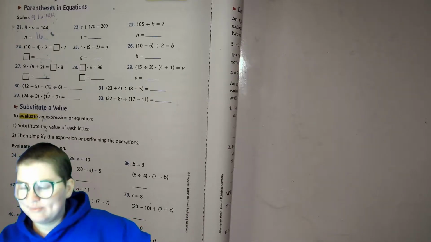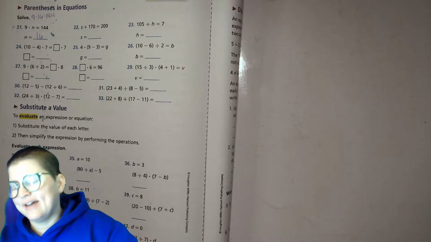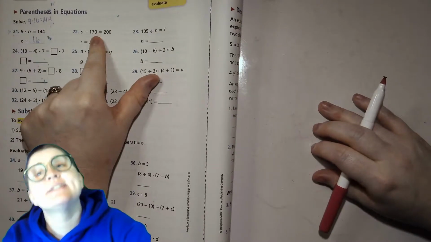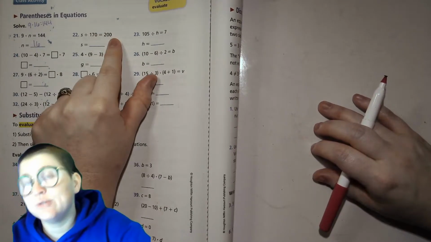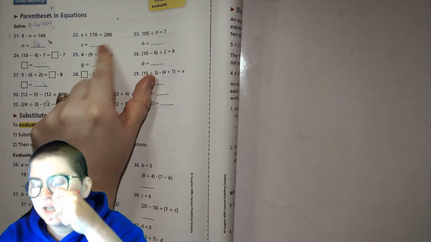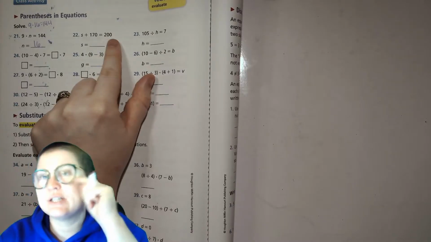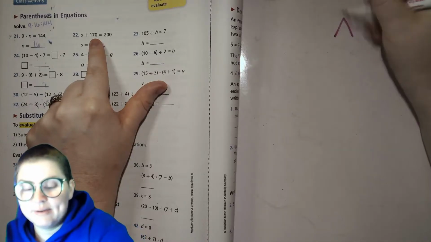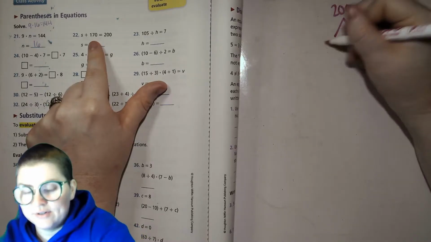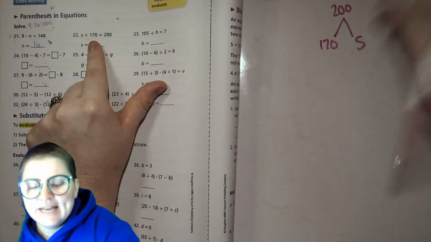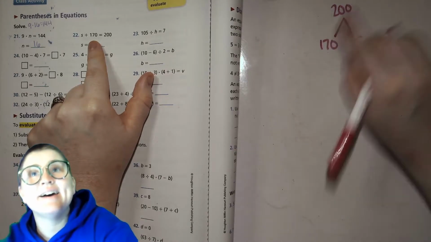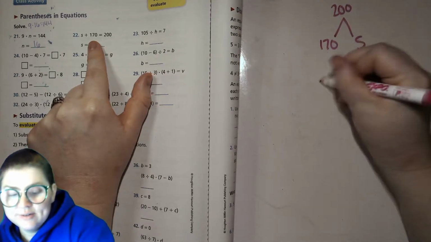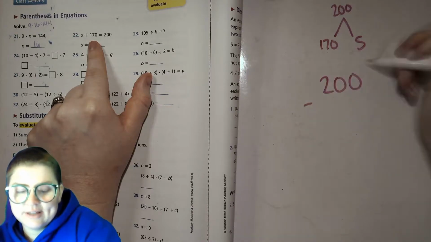Okay, number 22. Here we have s plus 170 equals 200. Now this means if we do the opposite operation, right, we take this Math Mountain, you have your 200 and you have your 170 and your s. If you subtract that 170 from the 200, we will be left with our s.